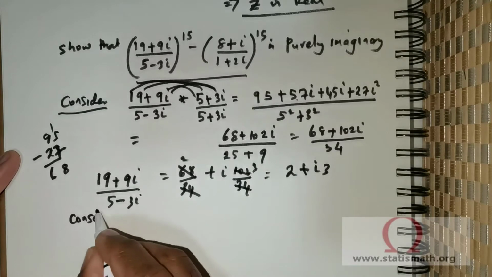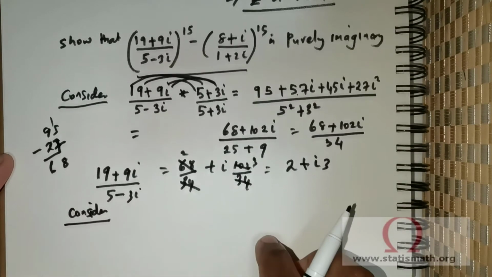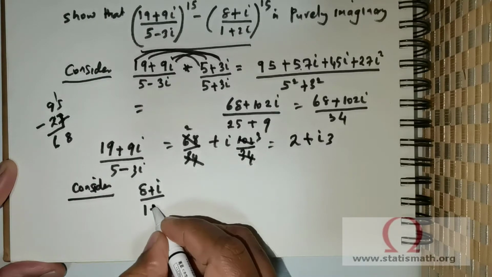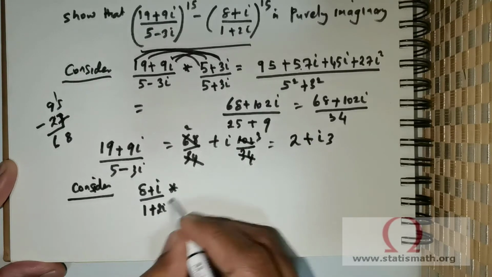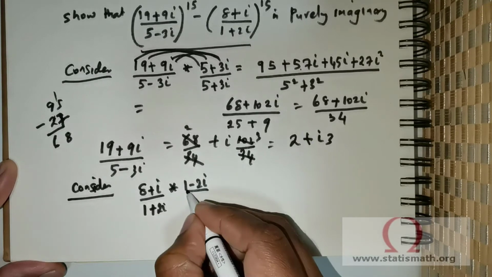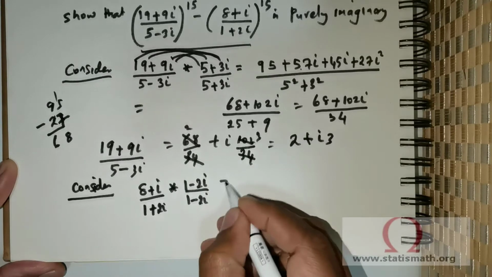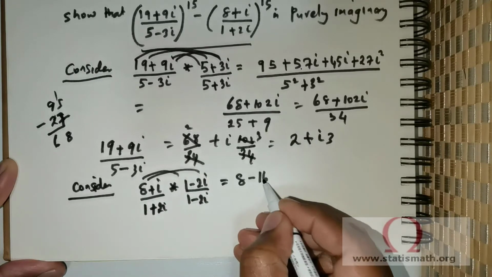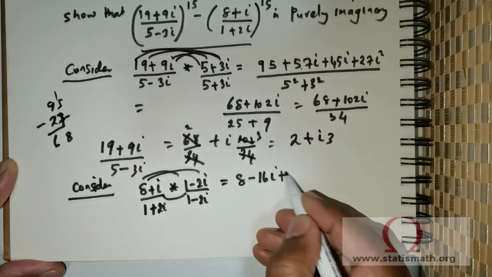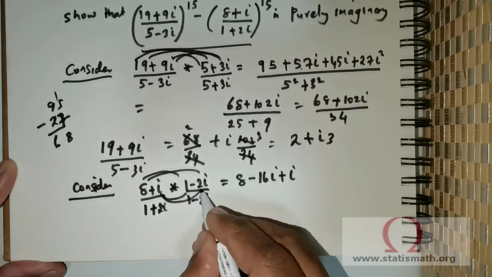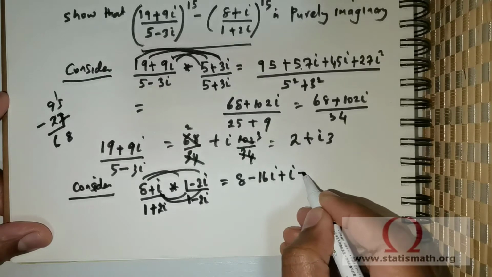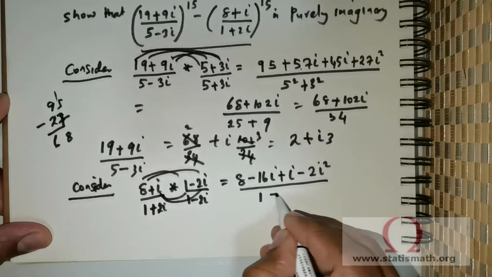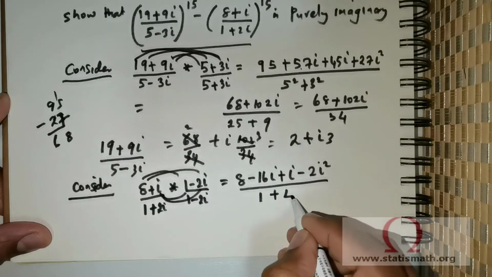Consider (8 + i)/(1 + 2i). I'm going to multiply by its conjugate, 1 − 2i divided by 1 − 2i. So this is going to be 8 times 1 is 8. 8 times −2i is −16i. i times 1 is i. And i times −2i is −2i squared, divided by 1 plus 4.